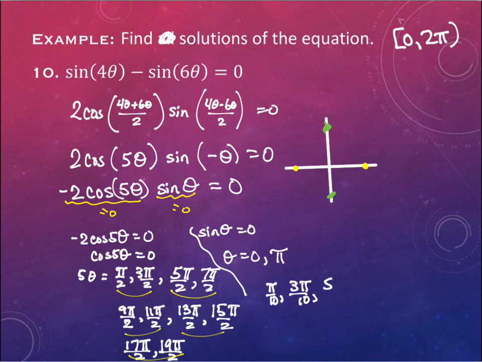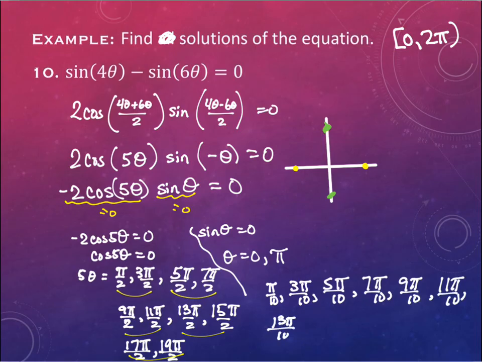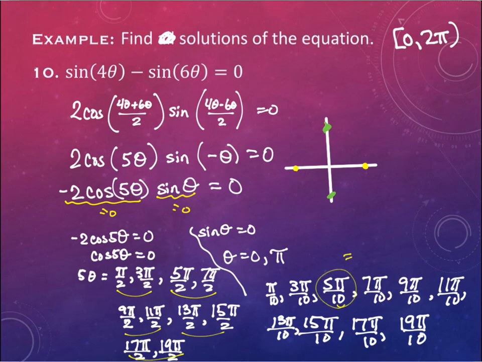And I'm going to get 5 pi over 10, which we'll reduce in a second. 7 pi over 10. 9 pi over 10. 11 pi over 10, 13 pi over 10, 15 pi over 10. How far did we go up? 19. 17 pi over 10 and 19 pi over 10. And this one reduces to pi over 2. And this one reduces to 3 pi over 2.